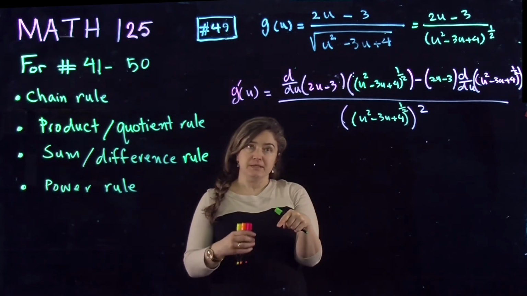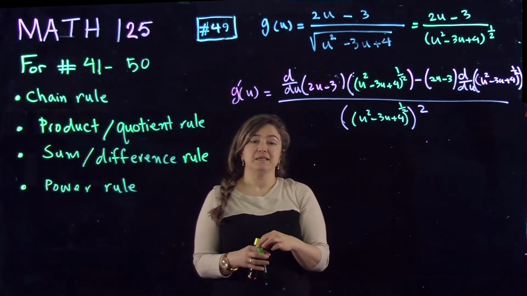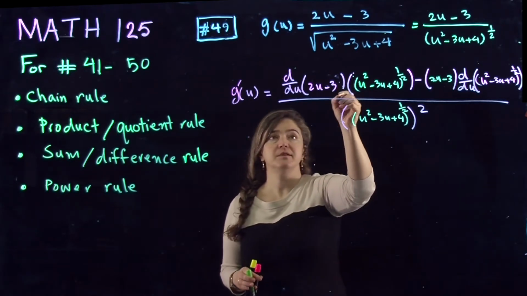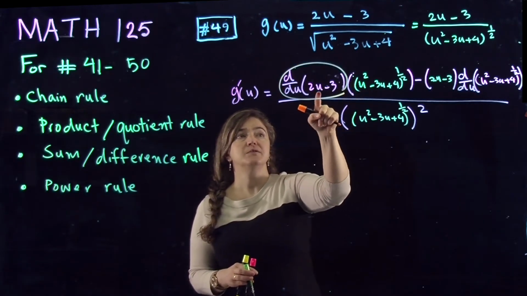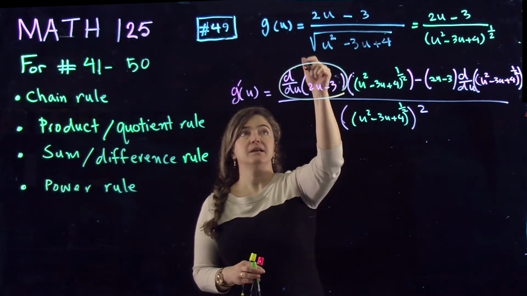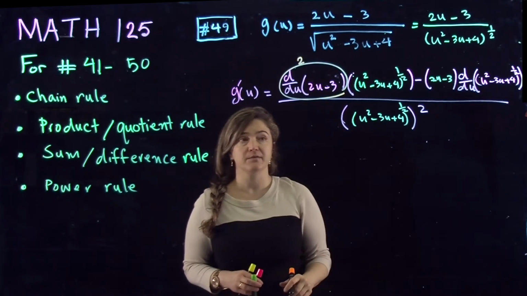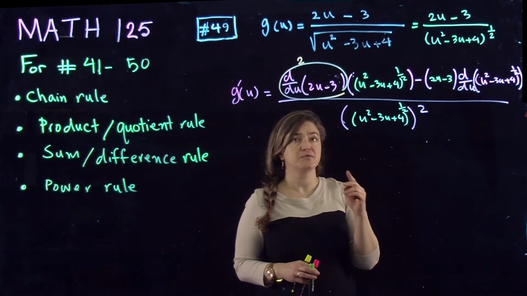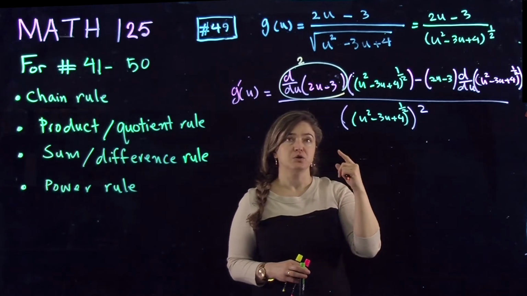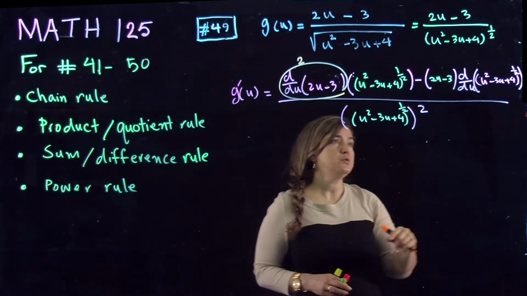To continue with this, we need to replace everywhere the derivative with its value. Derivative of 2u minus 3 is 2 minus 0, which is 2.